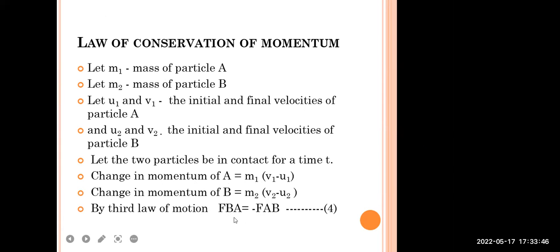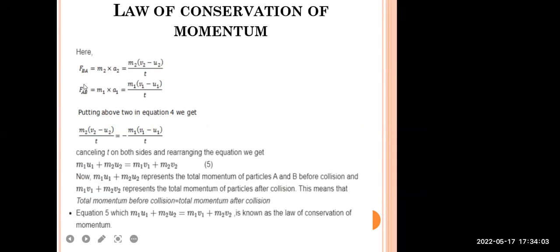Have you got this term? What is BA and AB? It is the force applied by object B on object A, and this is the force applied by object A on object B. It is in the opposite direction, therefore it has the negative sign. So m2a2, that is m2(v2 minus u2) upon t, equals minus m1(v1 minus u1) upon t.